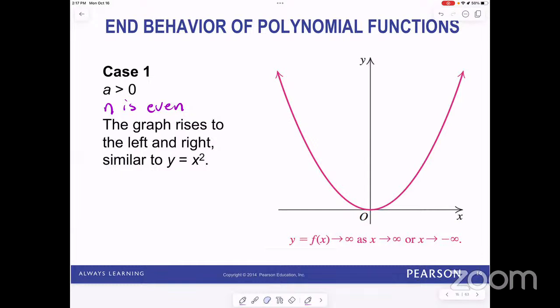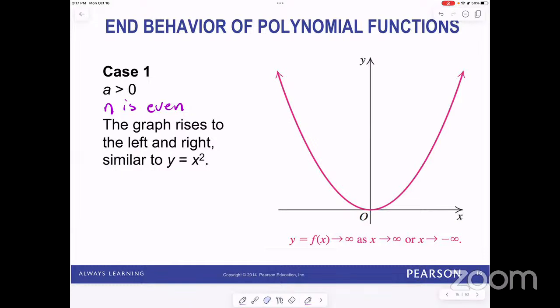Okay. So if we have a positive leading coefficient and it goes up, then it's safe to assume if we have a negative leading coefficient, what happens? It should fall to the right. So if our a is negative, it should fall to the right. And if n is even, the left does the exact same. For me, even means exact same, right?